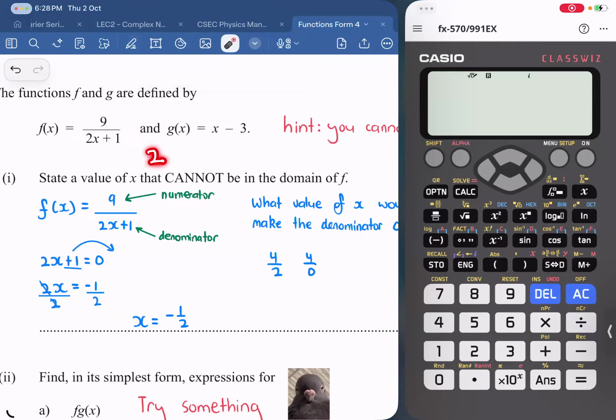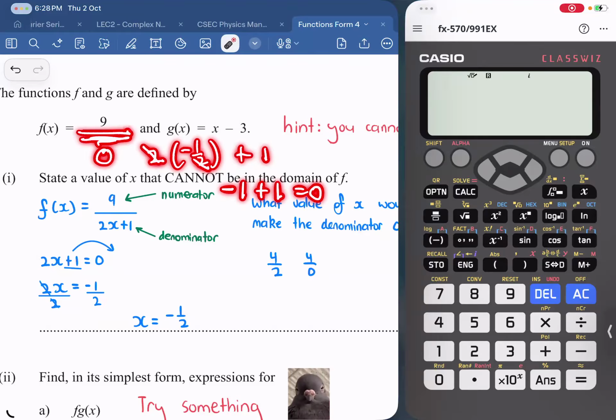So anyways, for the x, you're going to write minus a half. Okay, wouldn't the 2 and 2 cancel off? Yes. Right, so we're going to put minus 1 plus 1. What's minus 1 plus 1? 0. So that would make the denominator what? 0. Can we divide by 0? No. So will it break the function?